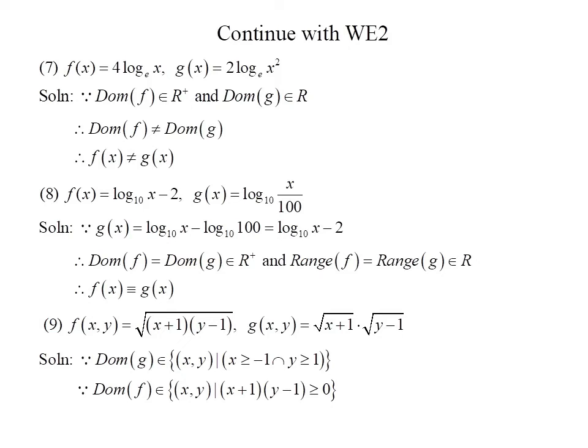However, the domain of f(x,y) is beyond the domain of g(x,y). It only requires the product of x plus 1 and y minus 1 to be greater than or equal to 0. Hence, we may conclude that f(x,y) is not equivalent to g(x,y).